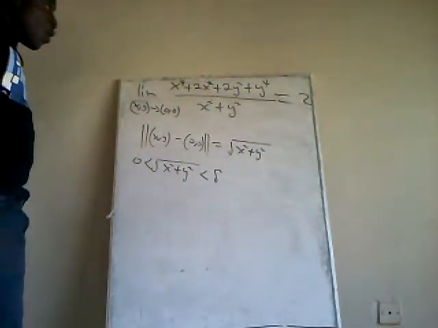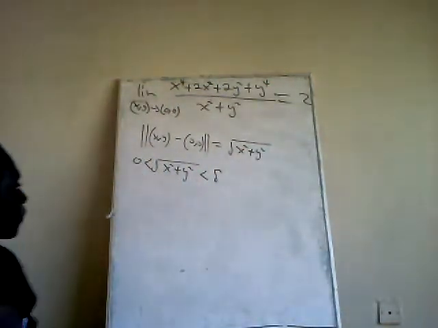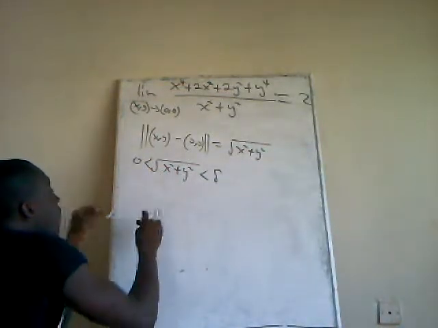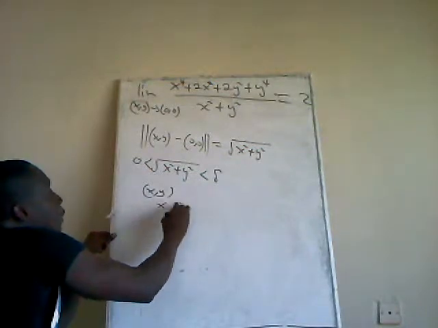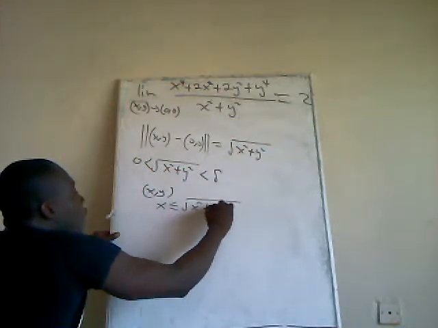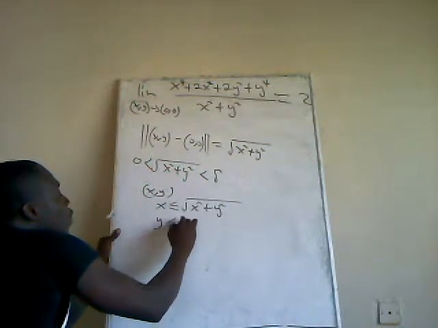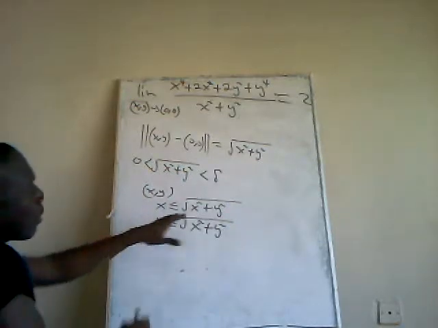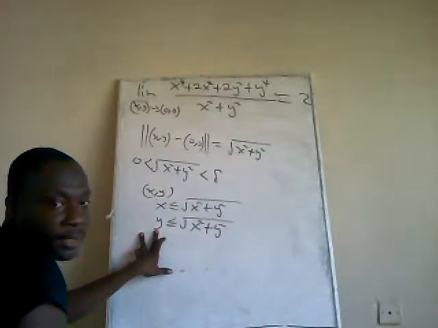What we can also learn from this is that for every point (x, y), x will definitely be less than or equal to the square root of x^2 plus y^2, and y will also be less than or equal to the square root of x^2 plus y^2. Or better still, this is bigger than that and this is also bigger than that. It works in all cases.